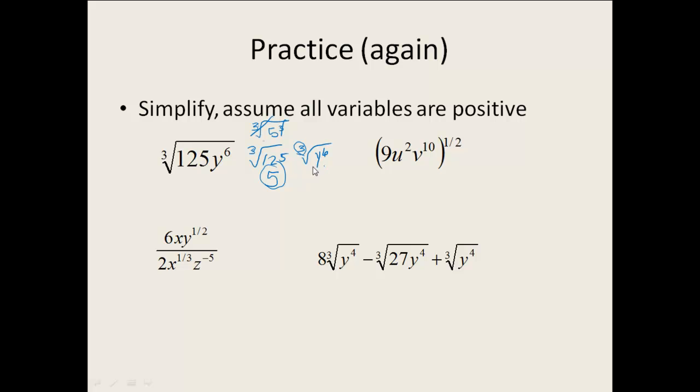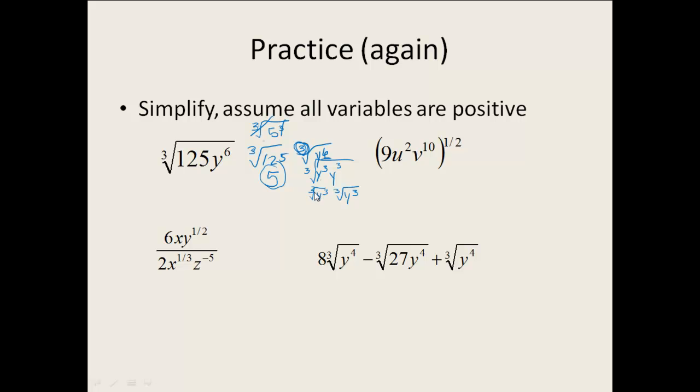Now this cubed root of y to the 6th, what you have to think about is how many groups of cubes I can get out of y to the 6th. There's 6 y's underneath here, and I need to see how many groups of 3 I can break that into. So I can do one group of 3, and a second group of 3. So when I take the cubed root of y to the 3rd and y to the 3rd, I can break it apart just like we did to start with.